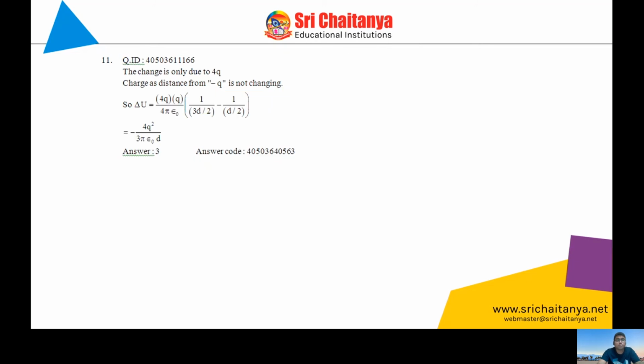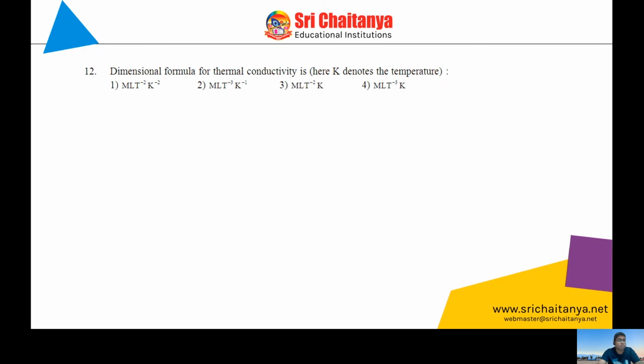Now let's move on to question number 12. The dimensional formula for thermal conductivity is being asked over here. In order to find the dimensional formula of a given physical quantity, we must try to relate that physical quantity in some formulas. I can think of one of them.